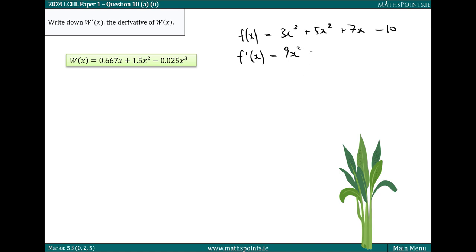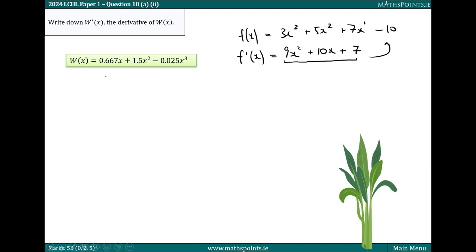The power comes down, multiplies by the 5 to give 10, and then the power reduces by 1, and x to the power 1 is just x. Next one, 7x. Now there is a 1 here, even though we generally don't write the power of 1. That power comes down and multiplies by the 7. The power reduces by 1, goes to 0, and anything to the power of 0 is 1, so that's just 7. And then constants disappear, so they become 0 when you differentiate them. And this would be the rate of change of this function.